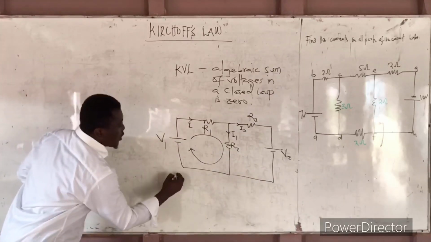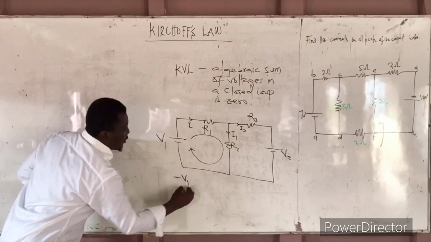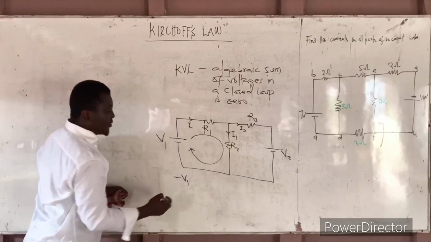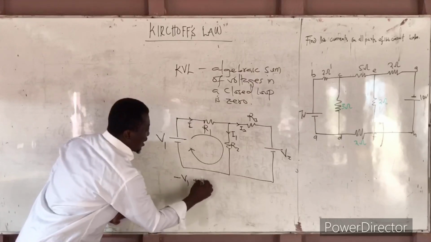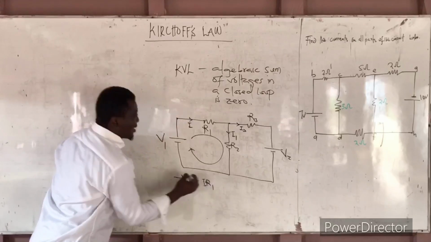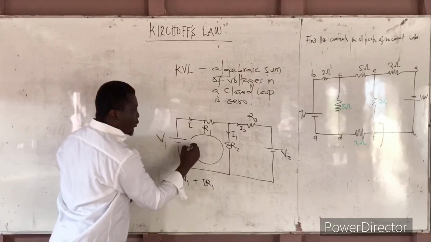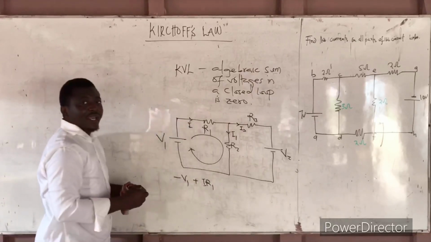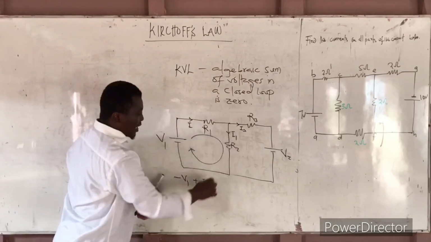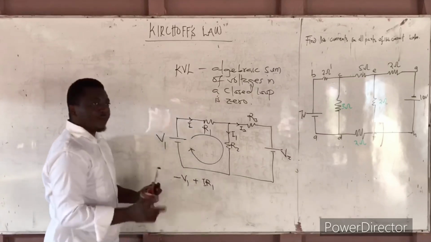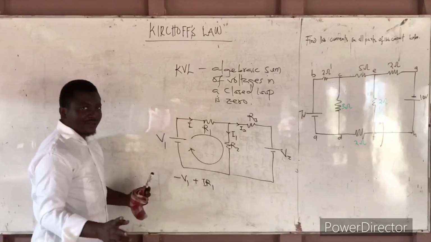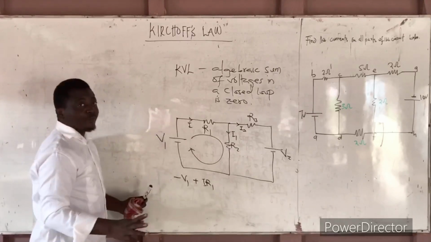So that's why you are going to get minus V1, because the arrow touches negative before positive. Then you get plus I R1. Why did I say plus? It is plus because if you look at where this arrow is going, it's in the same direction as the current. So they are in the same direction, so it is going to be positive. If they are in opposite directions, it is going to be minus. When it touches the negative side first, it is minus. Touches positive side first, positive.